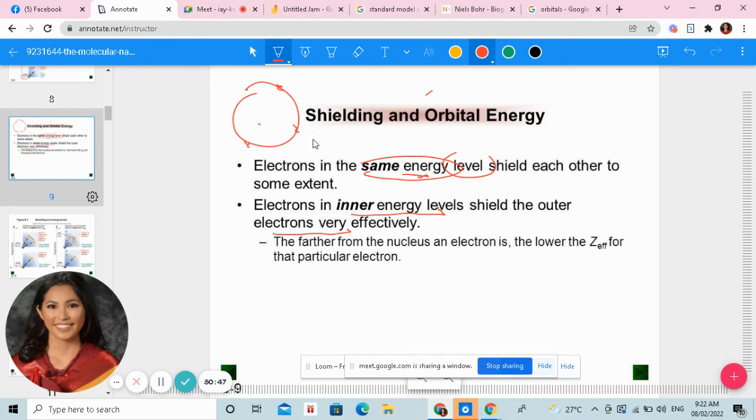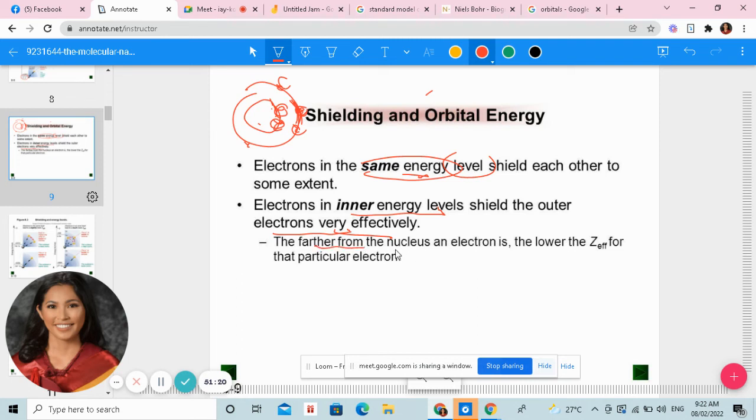Whereas if we have an inner energy level, such as 3, it shields the outer electrons very effectively. So it covers these electrons.